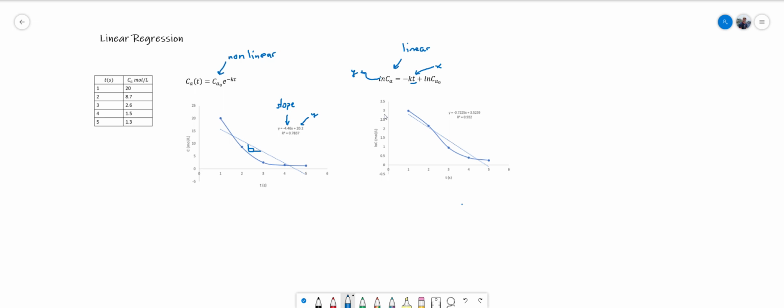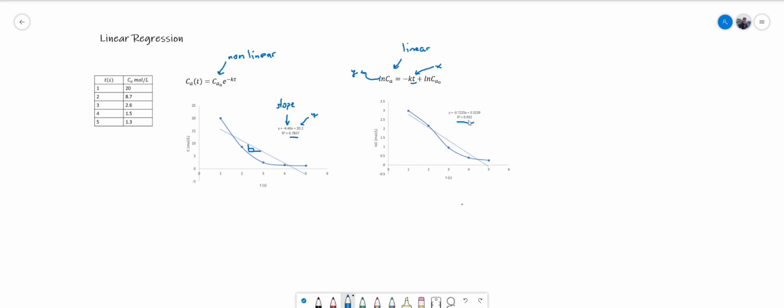The cool part about this is that now, if we're looking at the variability of our data, I can look at the R squared value in my new linear data and see that I get 0.93, which is a large improvement over 0.78.